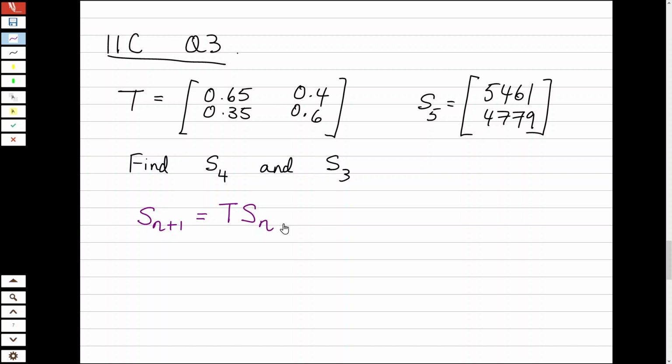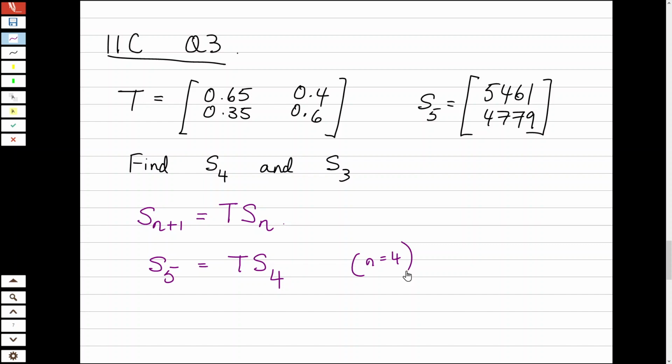So this equation in purple is what you already know based on your recurrence knowledge. I'm going to help you out. S5 equals T times S4. I've set n equals 4. So if I were going forward in time, I would multiply by T to go from time 4 to time 5.